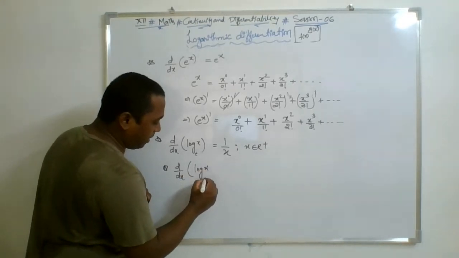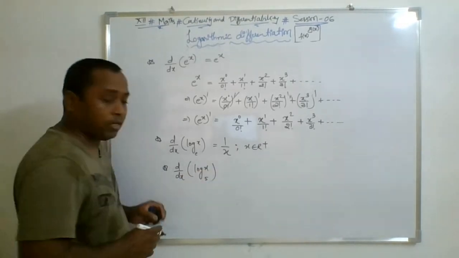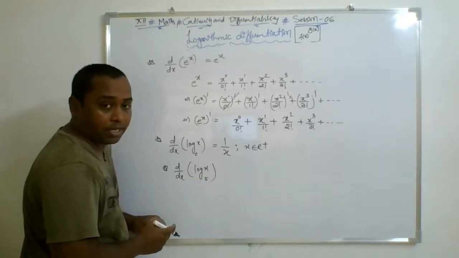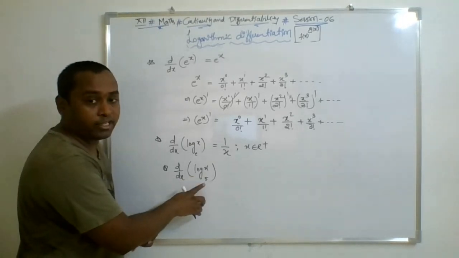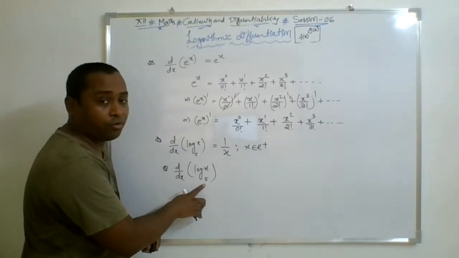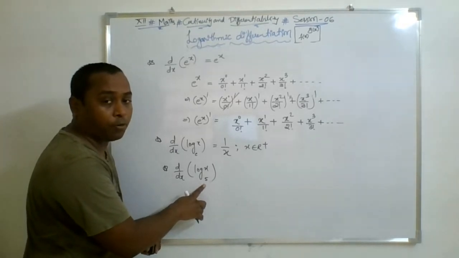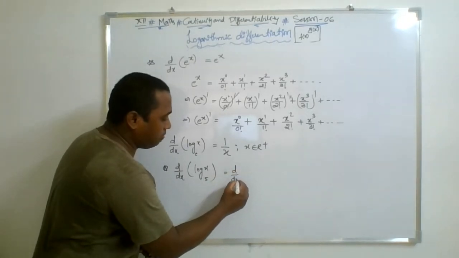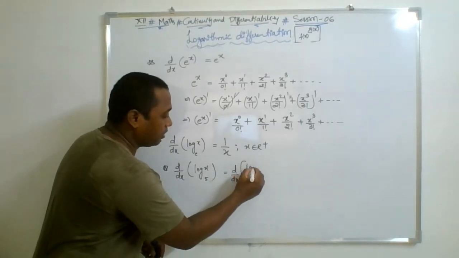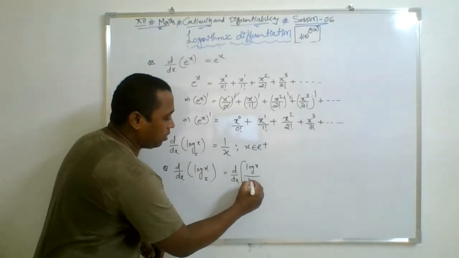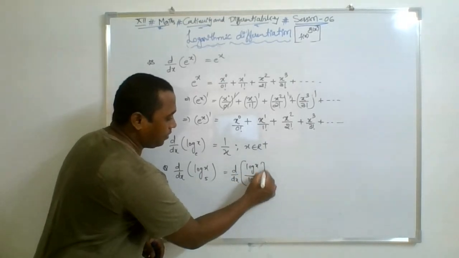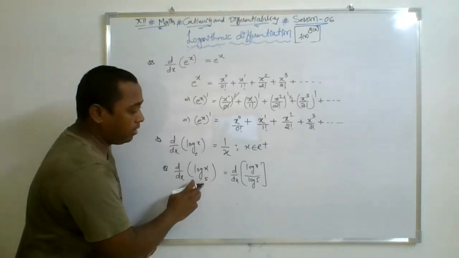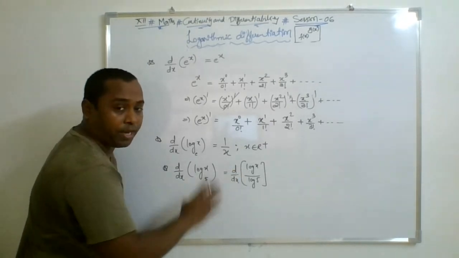log x base 5. Here you cannot simply write the answer as 1 by x, because the base is not e. So first you need to apply the log properties: I can write this as d by dx of log x upon log 5. With the help of the property, log a base b is written as log a upon log b.